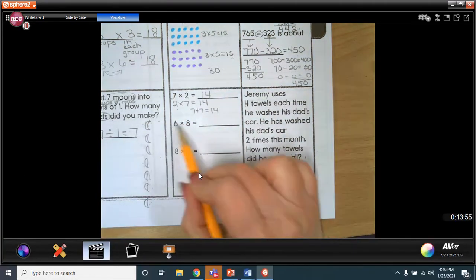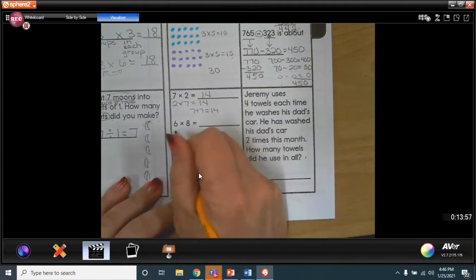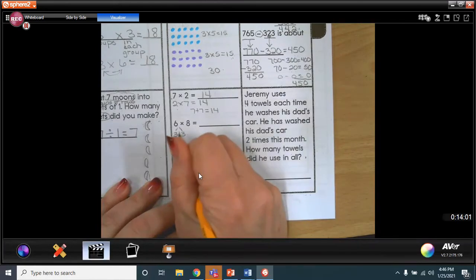We have 6 groups of 8. Now remember, I can use what I know about my distributive property.